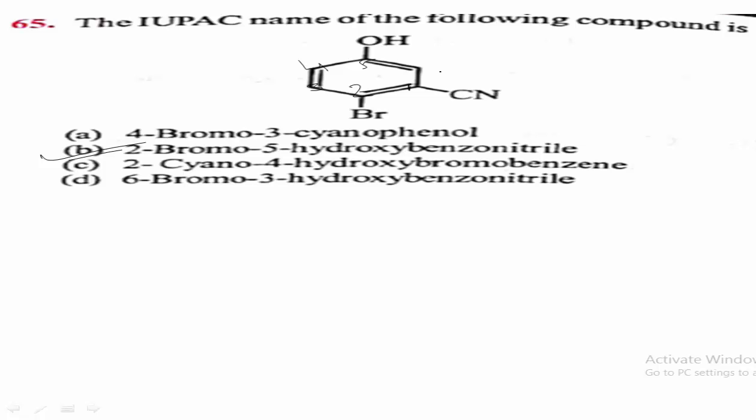If OH is considered as a prefix, then the word hydroxy is used. Similarly, 2-bromo. Between 2-bromo and 5-hydroxy, which one comes first alphabetically? 2-bromo, next 5-hydroxy. Therefore 2-bromo-5-hydroxy benzonitrile.